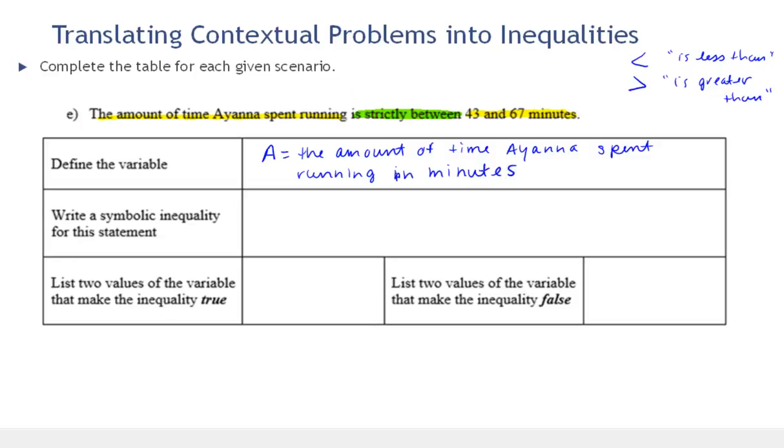Okay. Now let's talk about the words "is strictly between." So first let's just talk about "is between" without the strictly. There's a reason I have the strictly there, and we'll talk about it in just a second. But if I said, here's my house, here's my school, house, school. If I said I'm between home and school, say this is the road, you would think that I am somewhere in between.